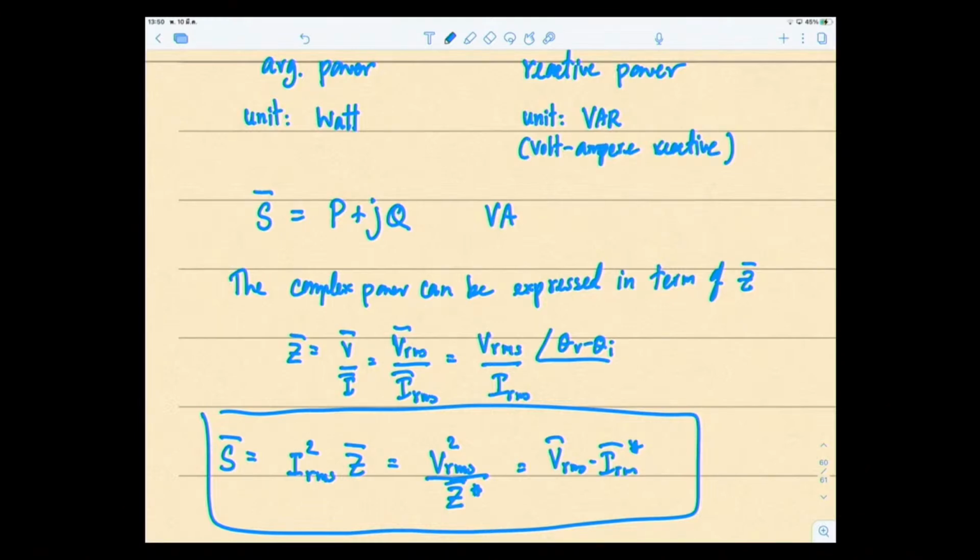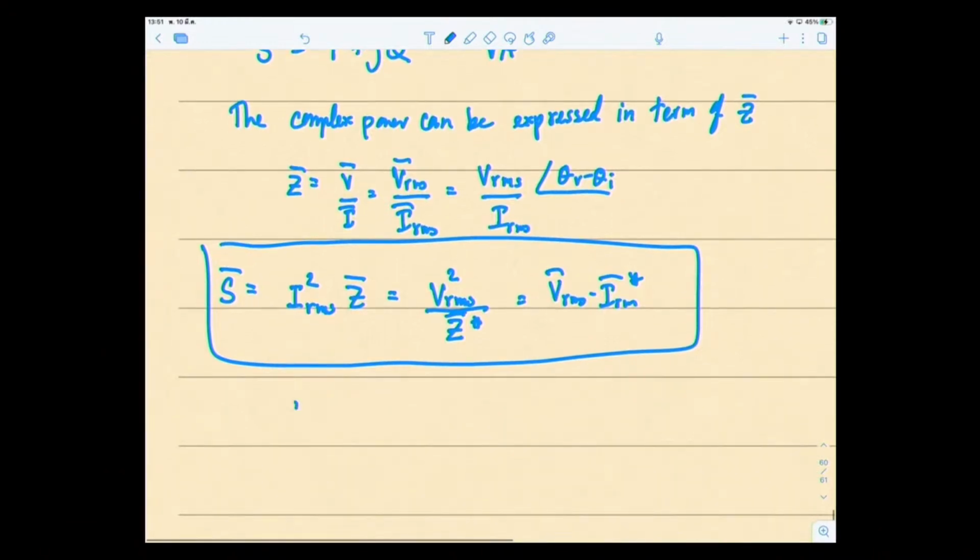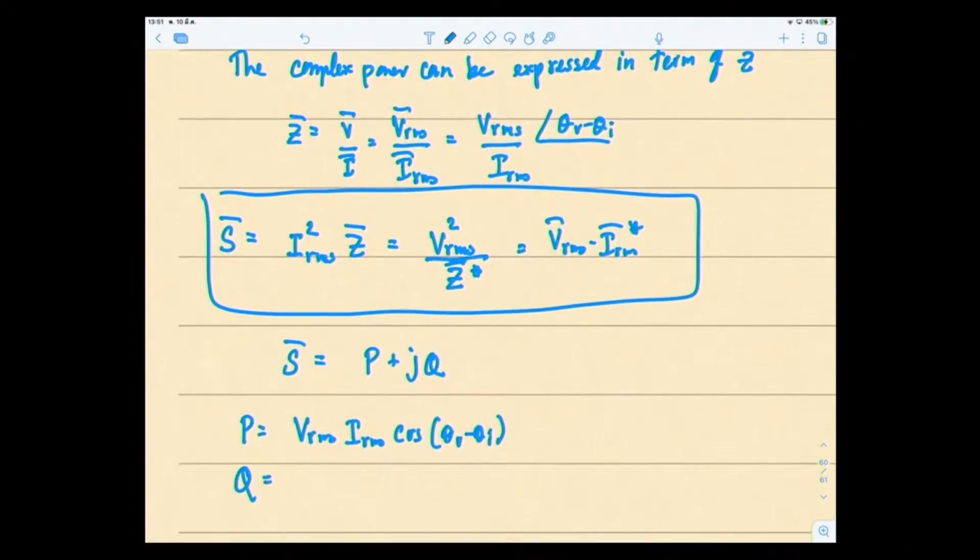So in conclusion, complex power tells you everything about the AC power. So back to complex power equal to P plus jQ, where P is equal to Vrms Irms cos(theta V minus theta I), and Q is equal to Vrms Irms sin(theta V minus theta I).